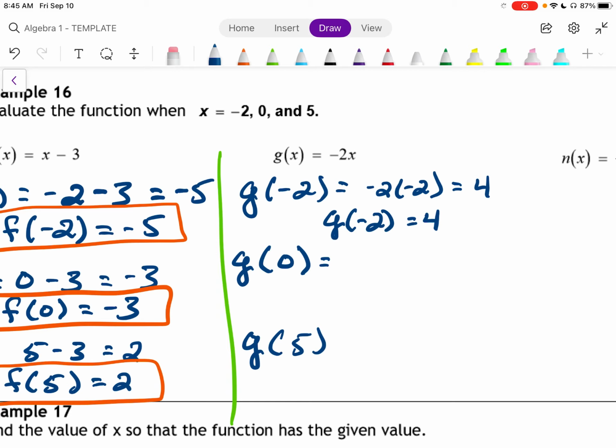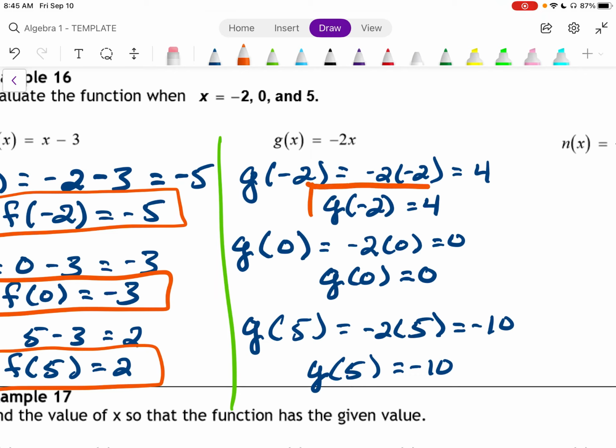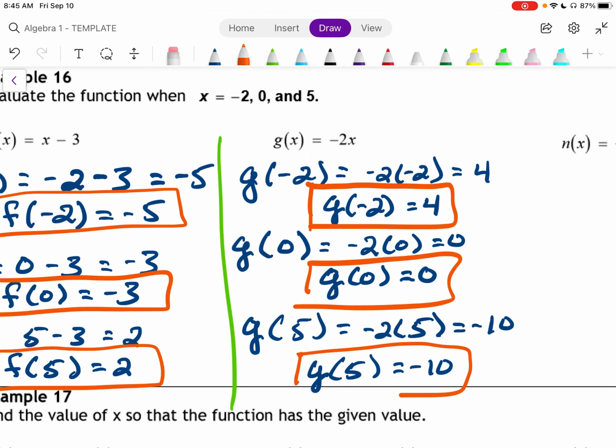For 0, I plug in and I have negative 2 times 0, which is 0. So g of 0 is 0. For 5, I'm going to have negative 2 times 5, which is negative 10. So g of 5 is negative 10. Circling my answers. There we are.